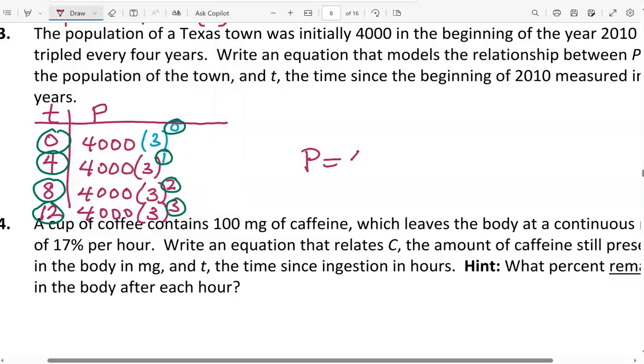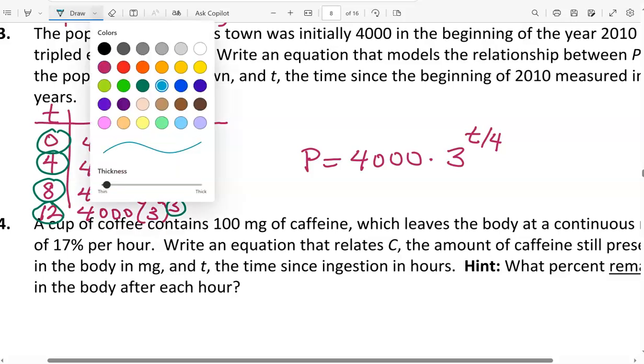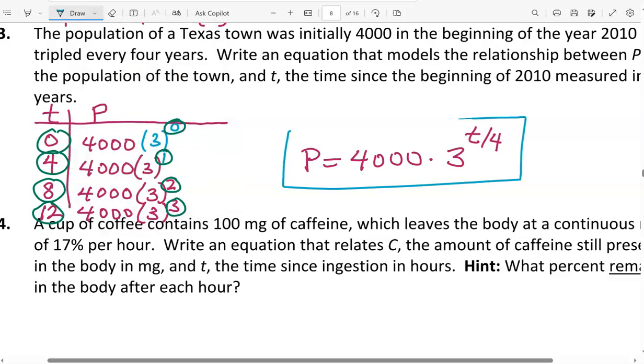So p is equal to 4,000 times 3 raised to the power, and whatever the value of t is, it needs to be divided by 4 in order to get the exponent. So p is equal to 4,000 times 3 to the t divided by 4 power.